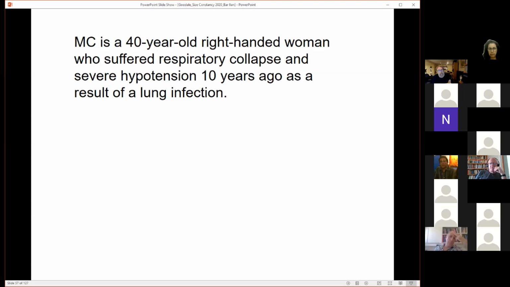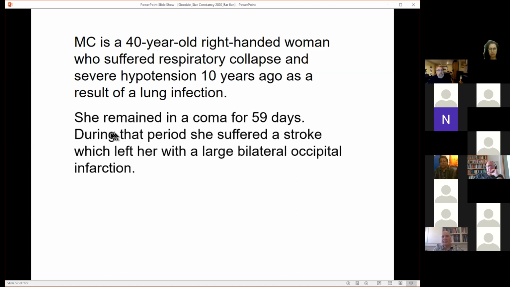She went to the doctor with an aching shoulder and complained of this. And he sent her home with some Tylenol, but it turns out she had a lung infection and she developed severe hypotension, and she went into a coma for 2 months. And sometime during that period, she had a large bilateral occipital infarction.